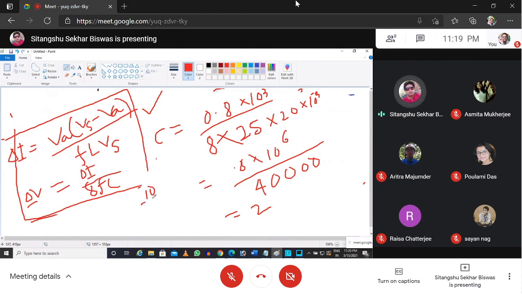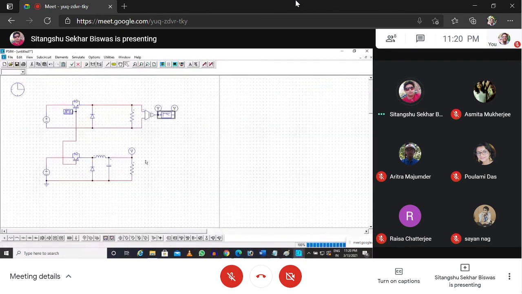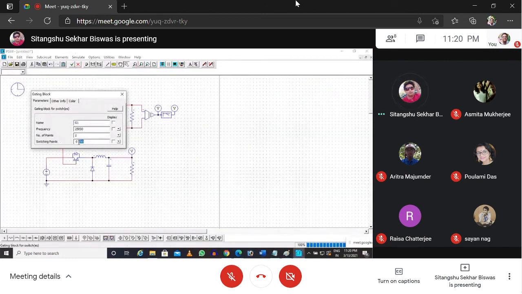So 10 volt means 10/12. Input is 12 and this is 10. So my total degree is 360. So this is 10/12 into 360, which is 300. So now this will be 300.